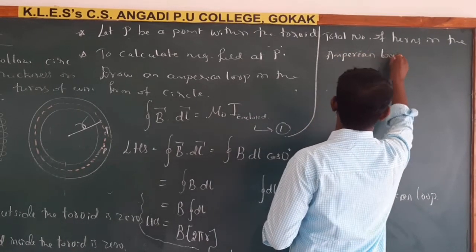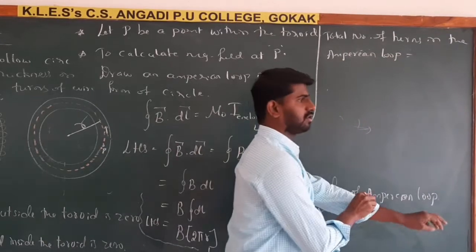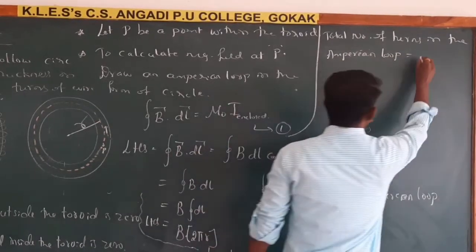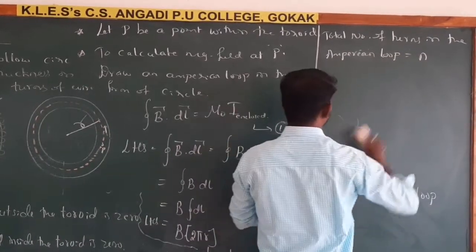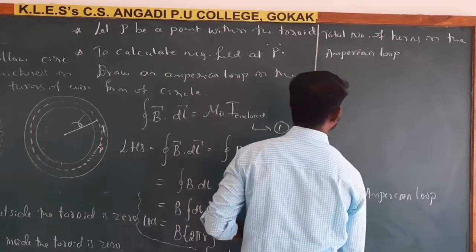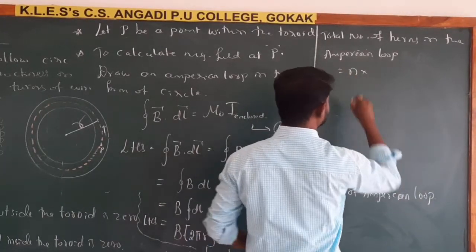This is equal to small n, the number of turns per unit length.